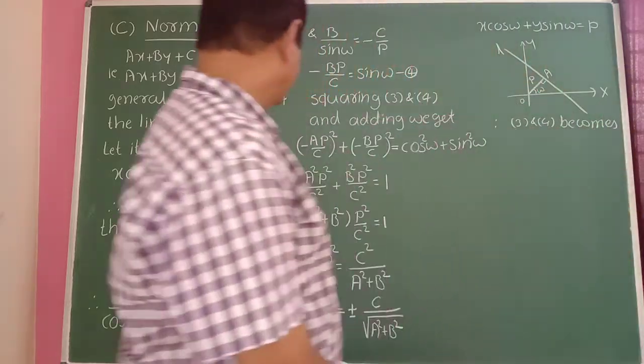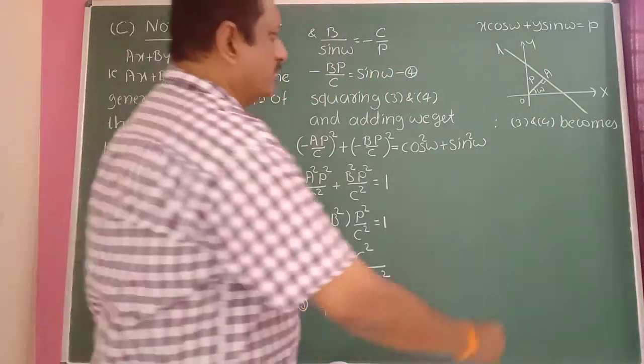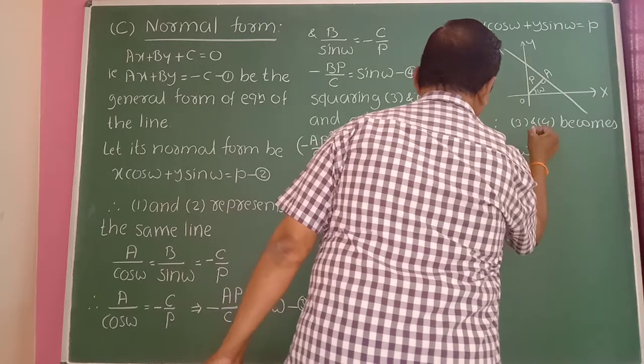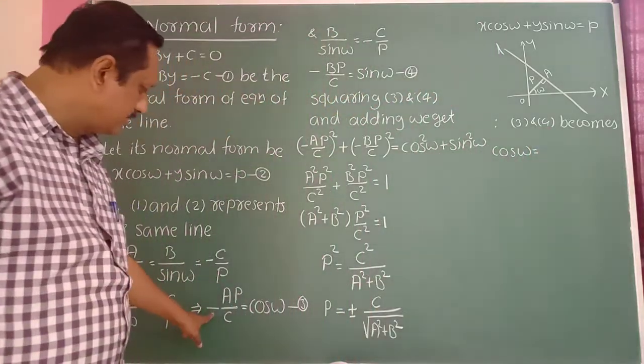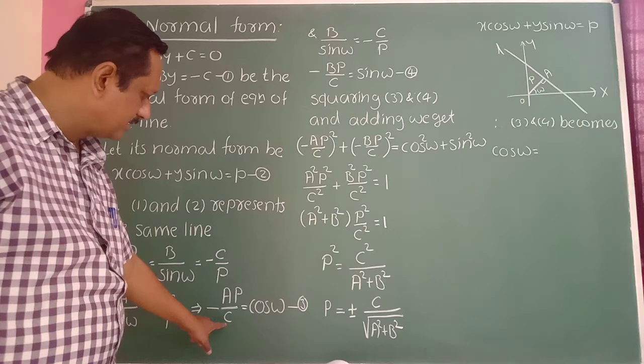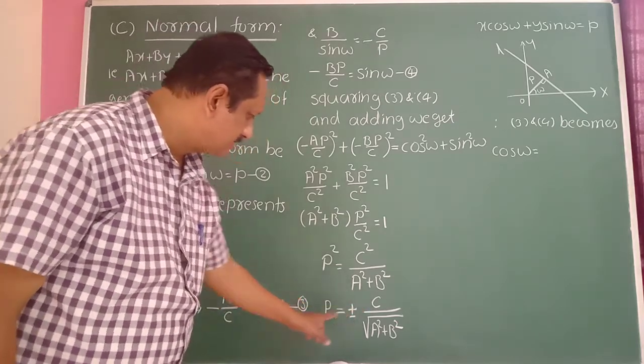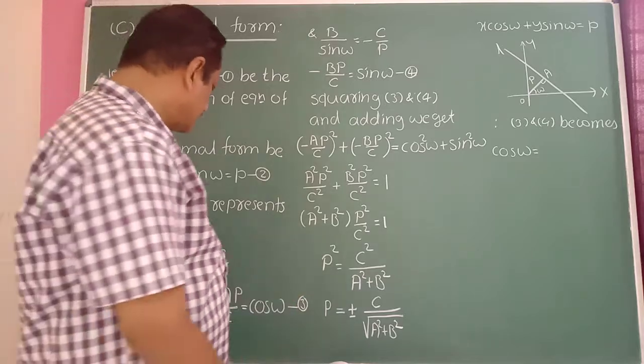So cos omega is equal to minus of AP upon C. P is this one, so this C and this C cancel.